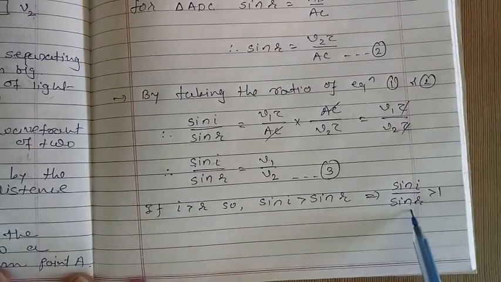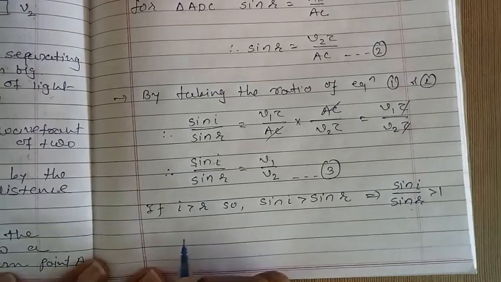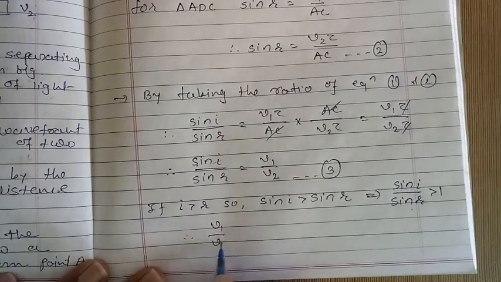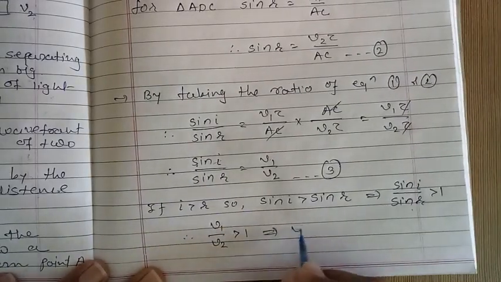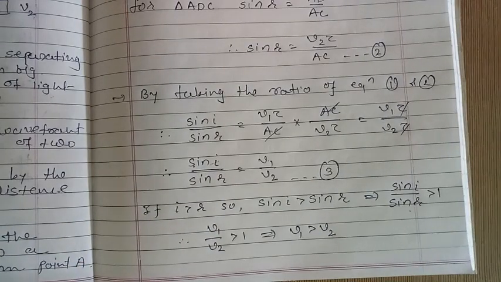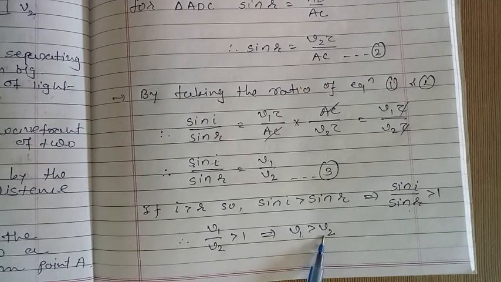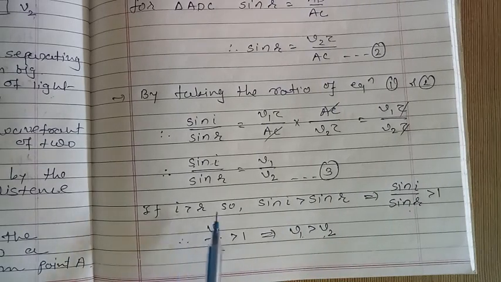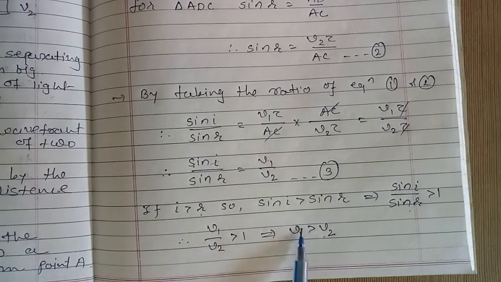So if sin I upon sin R is greater than 1, then V1 upon V2 is greater than 1, so V1 is greater than V2. This means the speed in medium 1 is higher than the speed in medium 2. So we prove that if I is greater than R, then V1 is greater than V2.